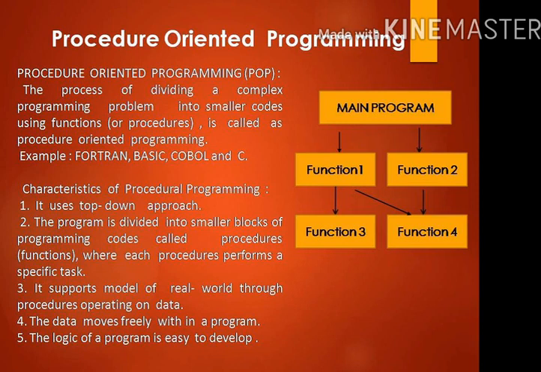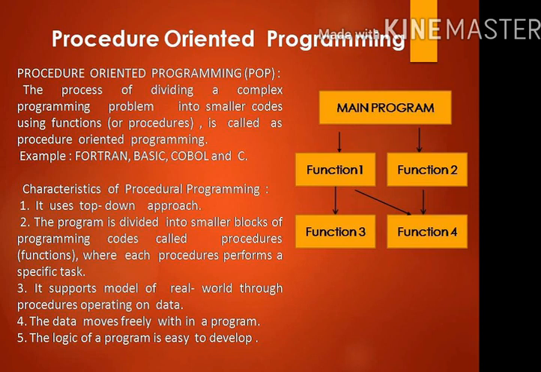The main characteristics of procedural programming are as follows. Number 1. It uses top-down approach. Number 2. The program is divided into smaller blocks of programming codes called procedures or function, where each procedure performs a specific task.